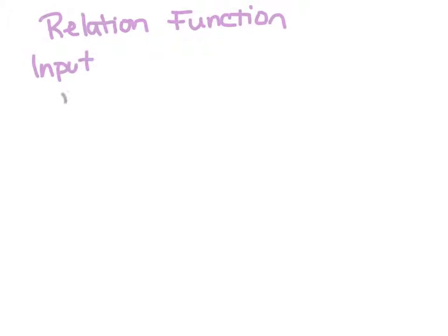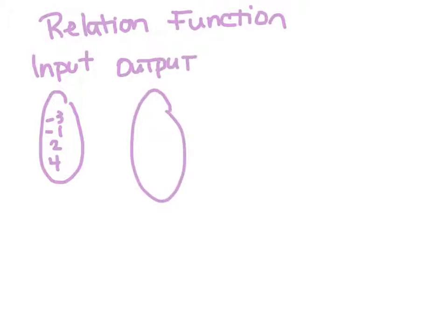So if we have the following inputs, -3, -1, 2 and 4, and then we have the following outputs, 2, 3, and -4. Right? And the mapping looks like this.